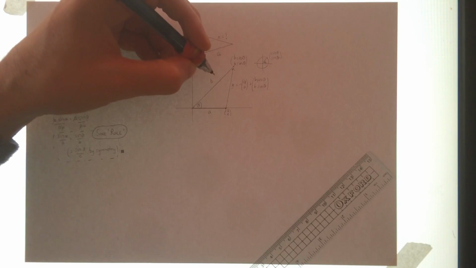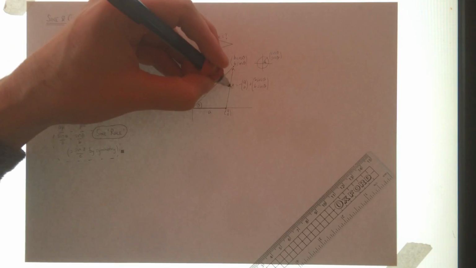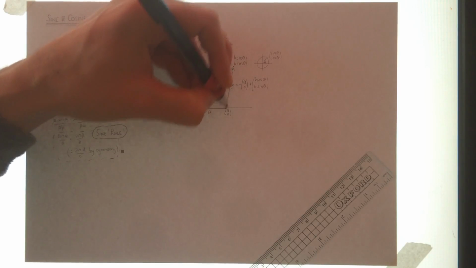So let's use Pythagoras to get the square of this length.